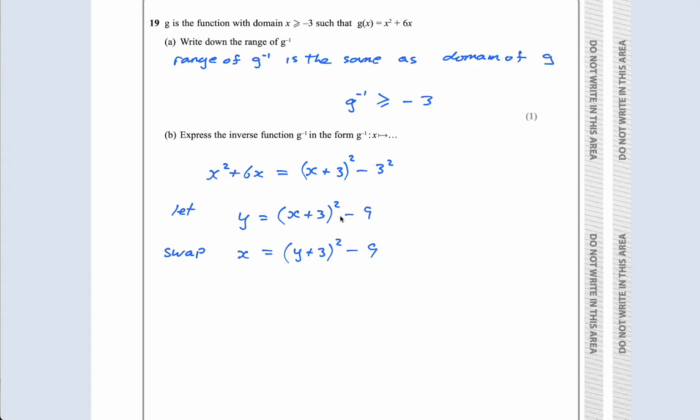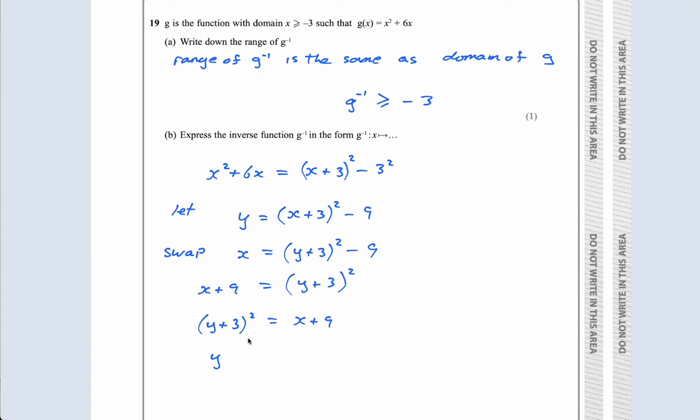And then I need to make y the subject. So I'm going to say x plus 9 equals y plus 3 squared. Then I'm just going to swap them: instead of saying this equals this, I'm going to say this equals this. So I've done nothing there, just changed them around. Then I'm going to get the square root of x plus 9.